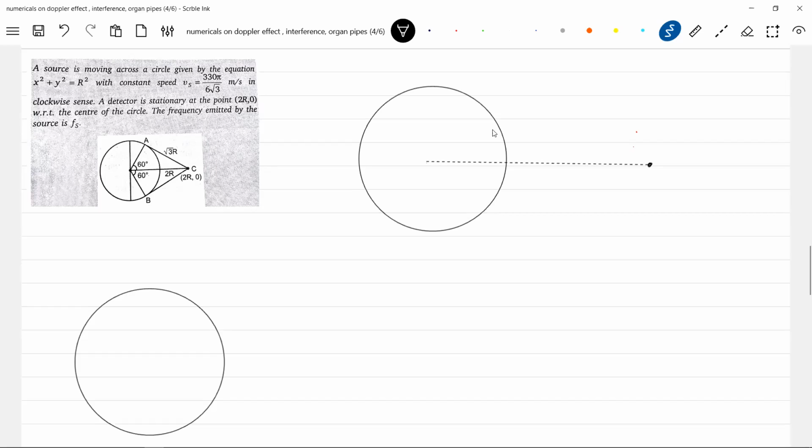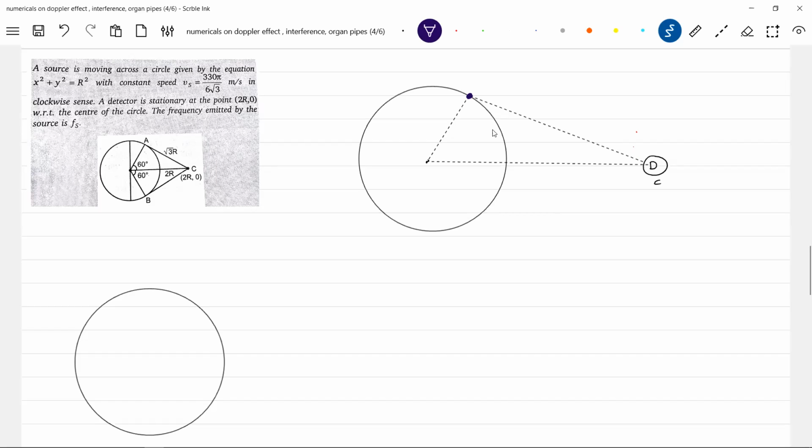Now, where is the detector? Detector is here. This is a detector. Then what about the source? The source is moving in a circular path, in a circle with a constant speed. So what is the question? Something is being asked. This is the first diagram. Let the source move in a clockwise sense. So it will be here.